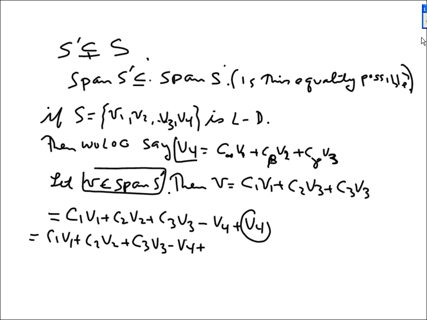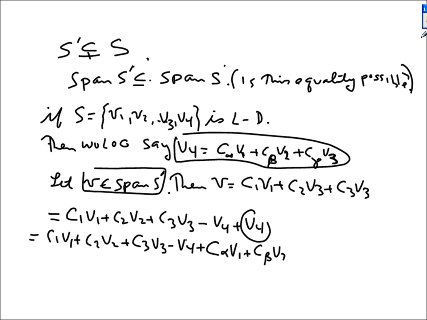But that's how I'm going to write V4: C sub alpha V1 plus C sub beta V2 plus C sub gamma V3. I probably should have just used the scalars B1, B2, and B3, but oh well.